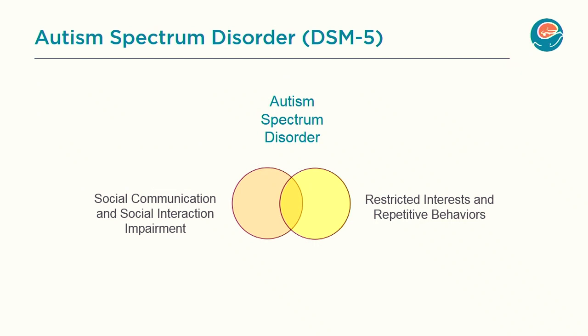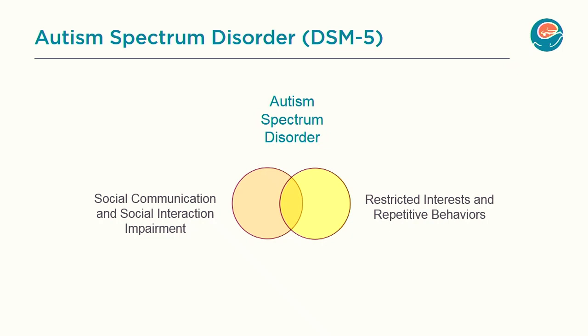So to begin, we just wanted to give a brief overview of autism spectrum disorder. Many families that come in for a care planning visit, the child has a diagnosis of autism. As a brief refresher, autism spectrum disorder is classified by having challenges in two main areas of development.